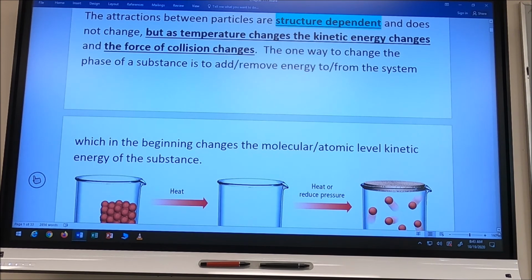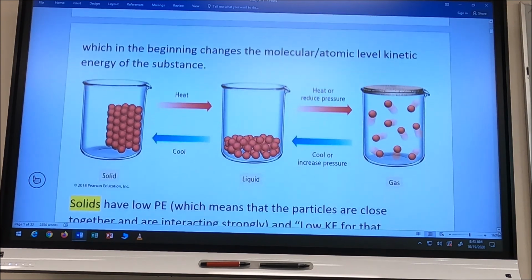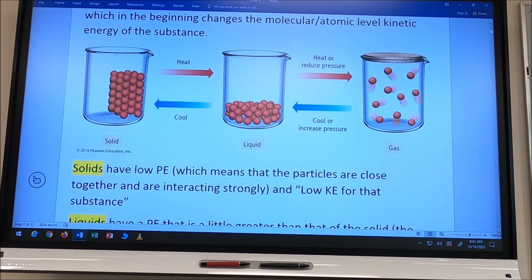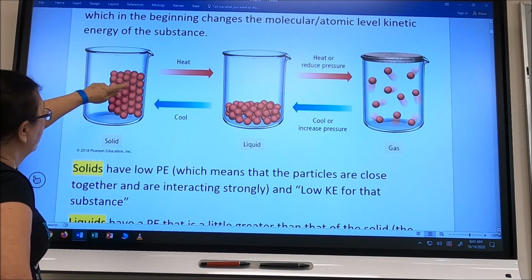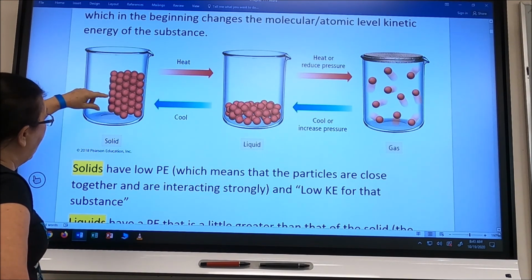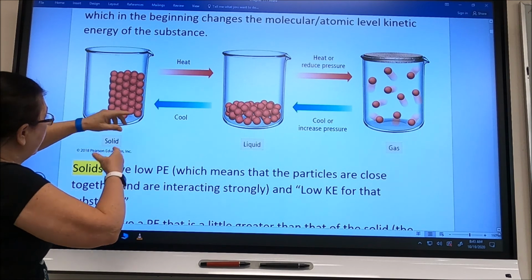So one of the ways to change the phase of the substance is to add or remove energy. If we add energy, okay, to a solid by way of heat, the solid would melt into a liquid. So notice that in this image of the solid, there's a nice regular pattern of the atoms. They're all clinging together.